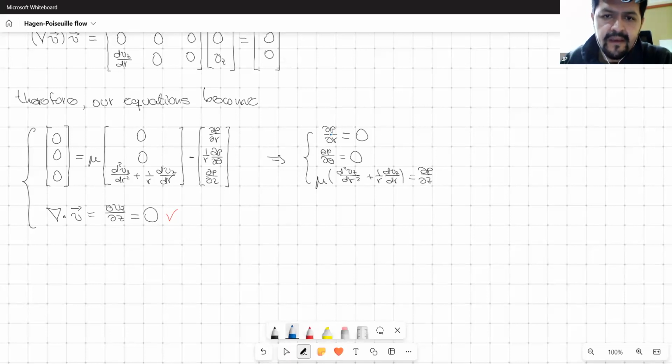Okay? The pressure, which is a scalar function, having these two partial derivatives being equal to 0, that implies that P as a function can only depend on z, right? So that's the only variable in play for P, for the pressure gradient. On the other hand, if you recall, we said that the velocity is a function of the radius, and here we have that pressure is a function of the position, the axial position.